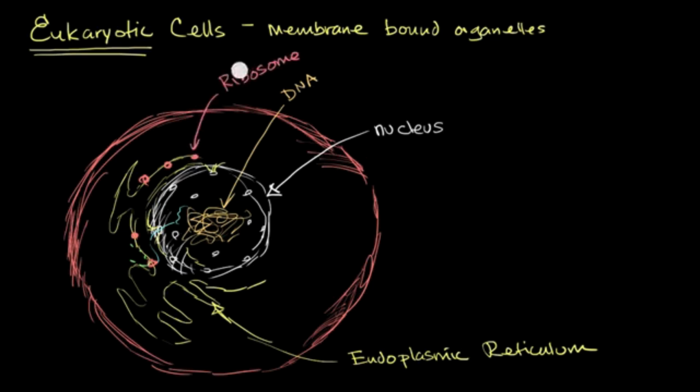And some ribosomes might be attached to the endoplasmic reticulum. Some of them might just be floating out here in the cytoplasm. So that would be a free ribosome. Free ribosome. And even from the point of view of the endoplasmic reticulum, the parts of the endoplasmic reticulum where you have ribosomes attached, this is known as rough endoplasmic reticulum.